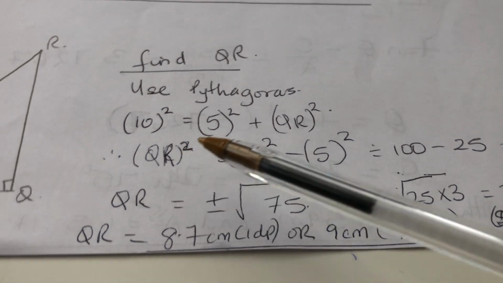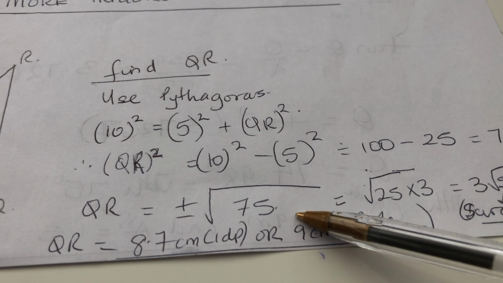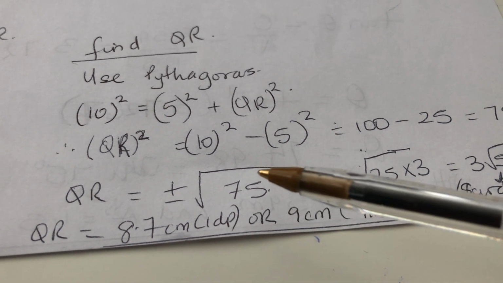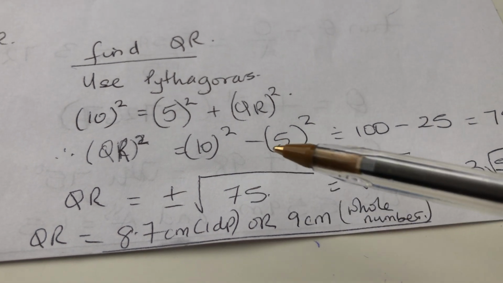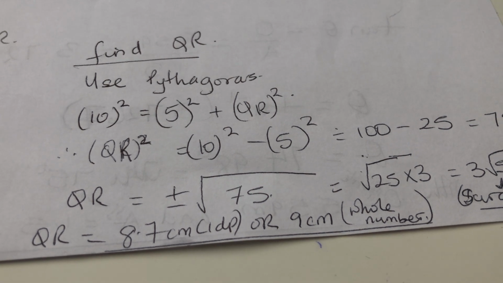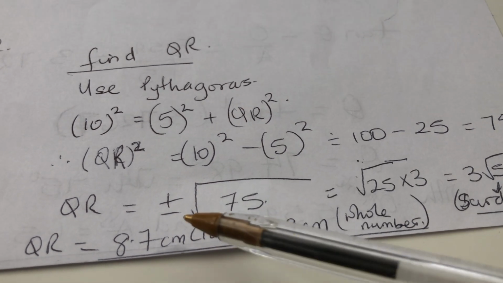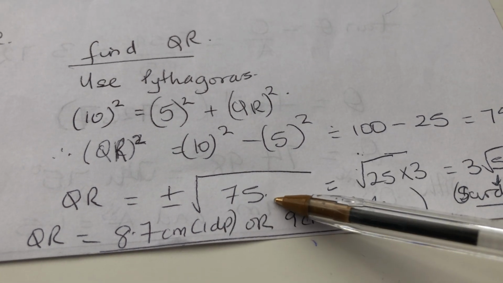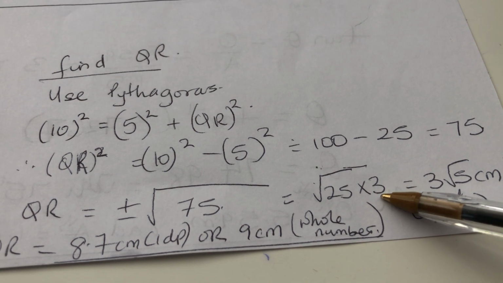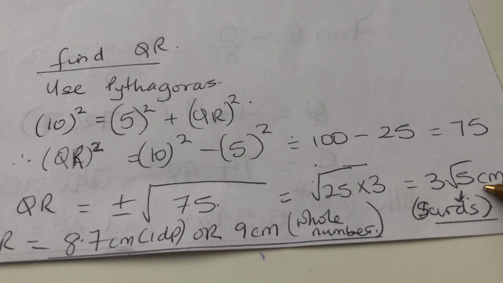QR will be plus or minus square root of 75. We can leave our answer as a square root, or use a calculator if they ask us to. So the square root of 75 can be written as root of 25 times 3. So the root of 25 will be 5.